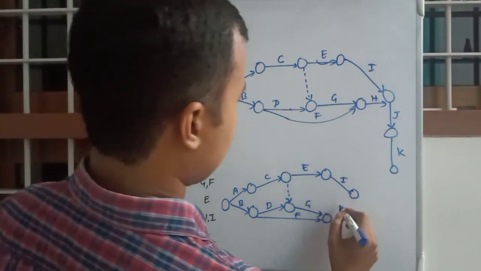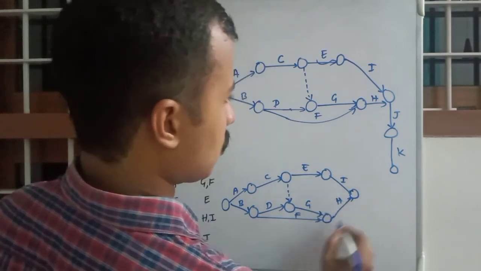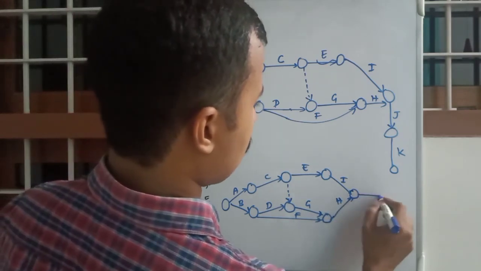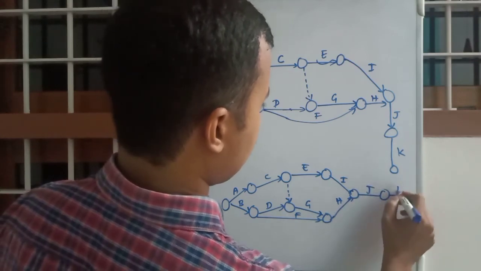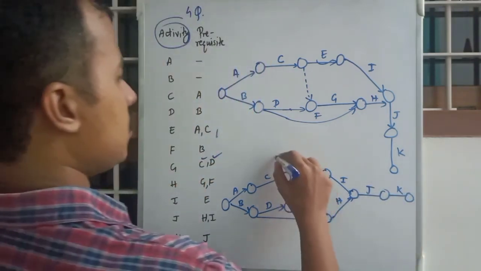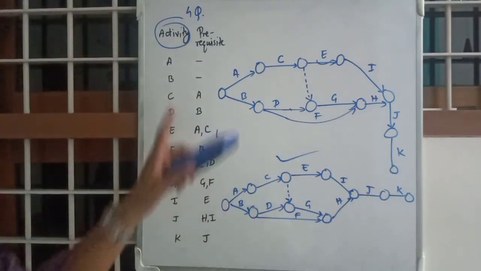That's I, H, J, and K. So this is the correct answer for this question, the fourth question.